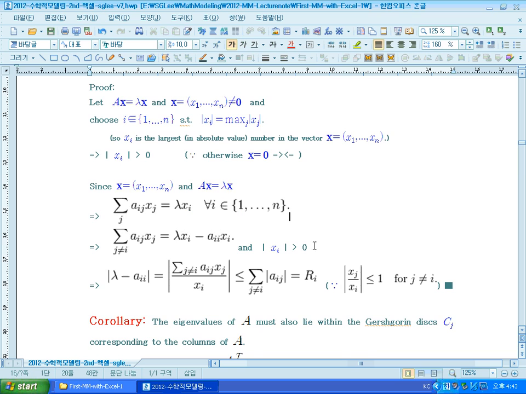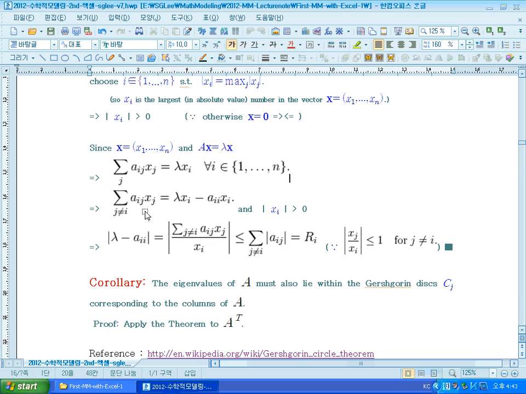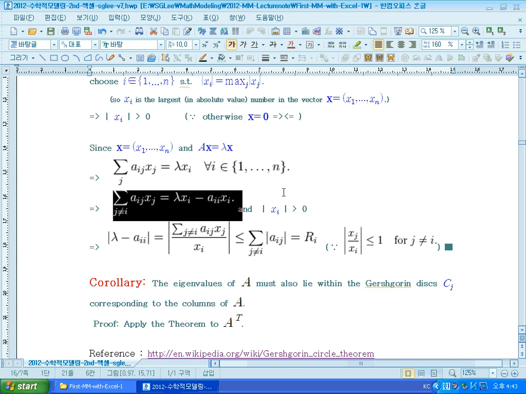Okay, then we can move x_i term from left to right. We can move one term to here, so we can write it in this way.